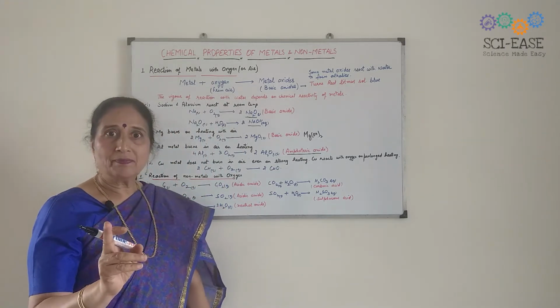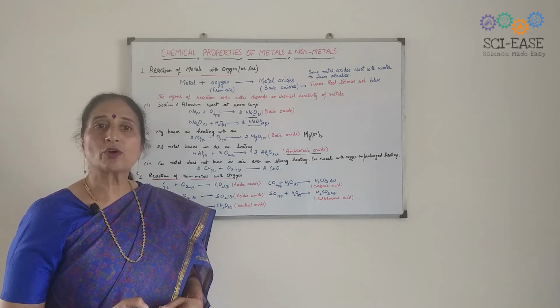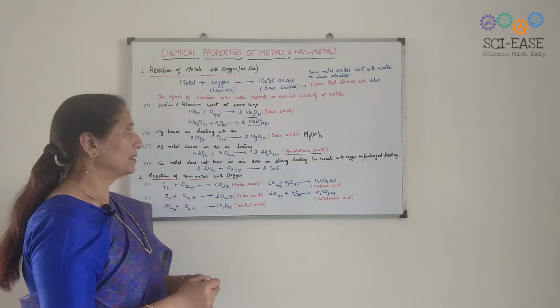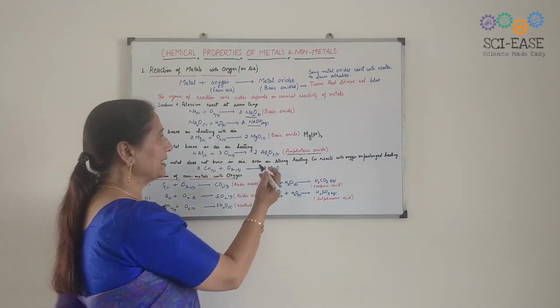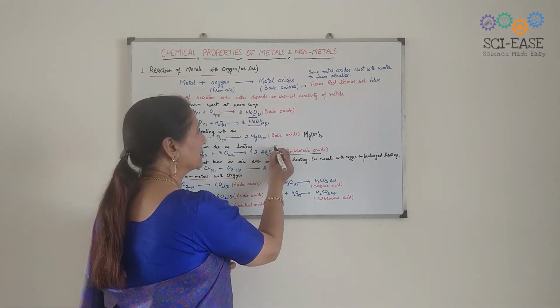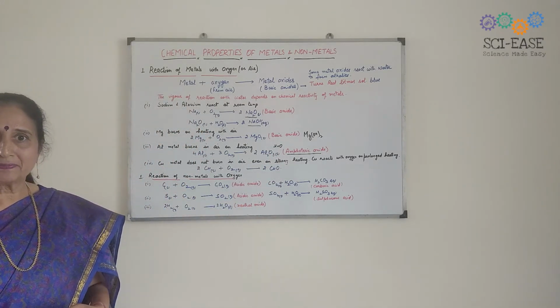One question that is often asked: give two examples of amphoteric oxide. So it is aluminium oxide, and the second example is zinc oxide. It is again an amphoteric oxide.